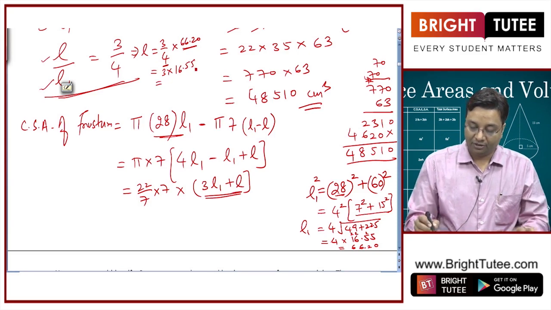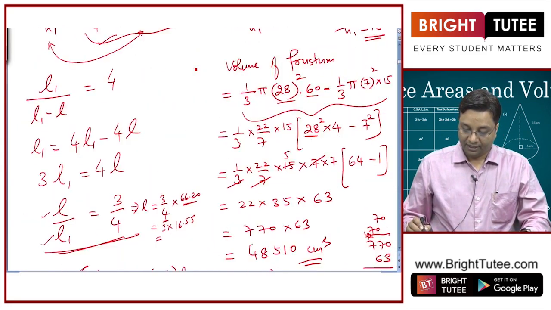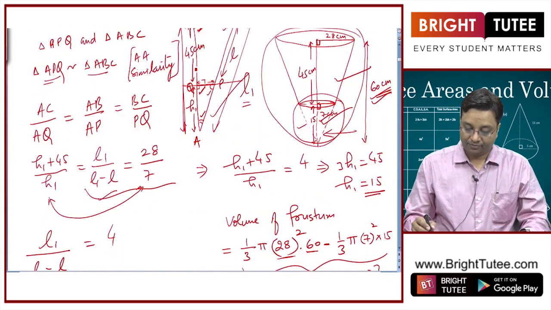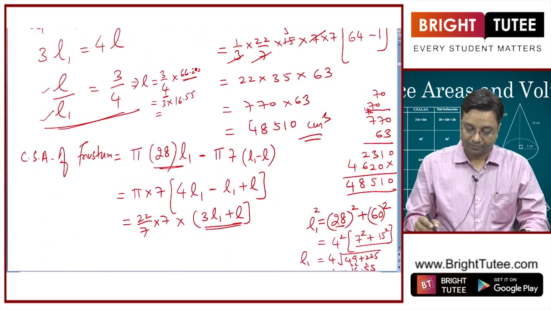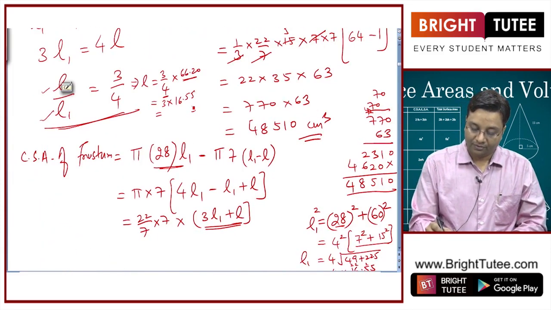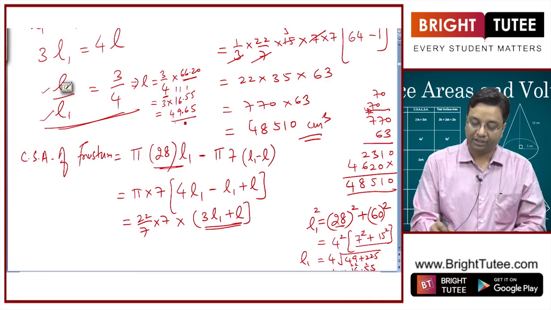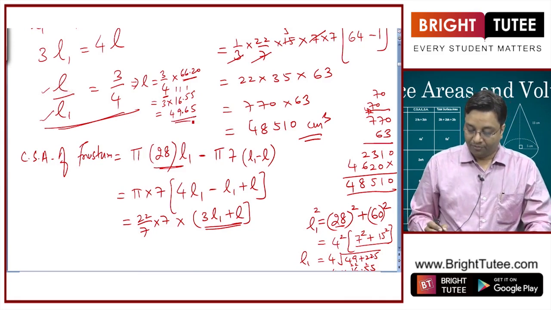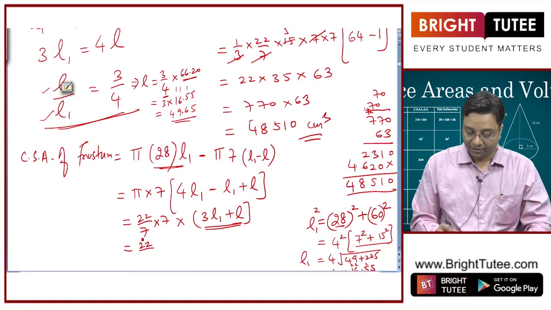So L is equal to 49.65. So just plug the values here and you will find the curved surface area of the frustum.